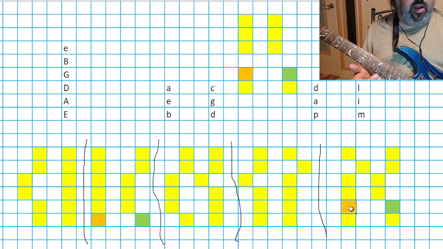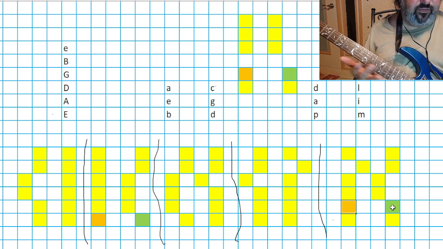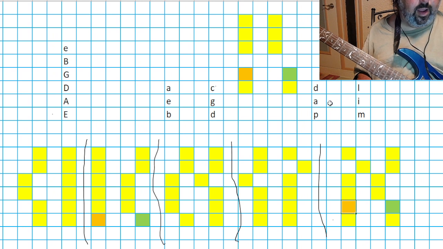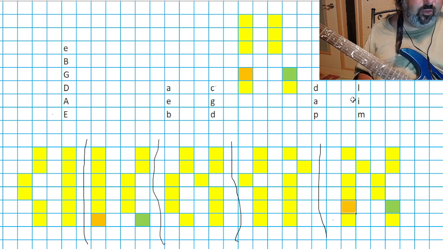But if I use this one, the roots that this pentatonic scale elucidates are Ionian and Aeolian. So let's move on to Dorian and Lydian, the brighter.